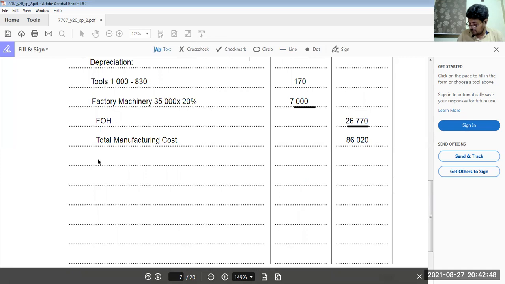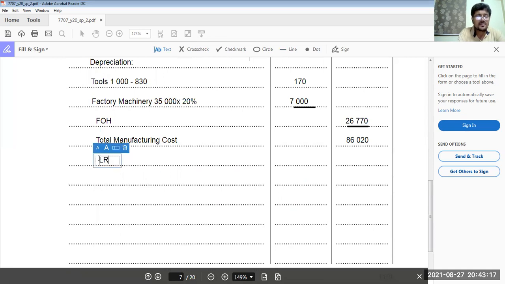Now, what do we have to do after this manufacturing cost? What else do we have to do? We have to deduct the work in progress closing inventory.